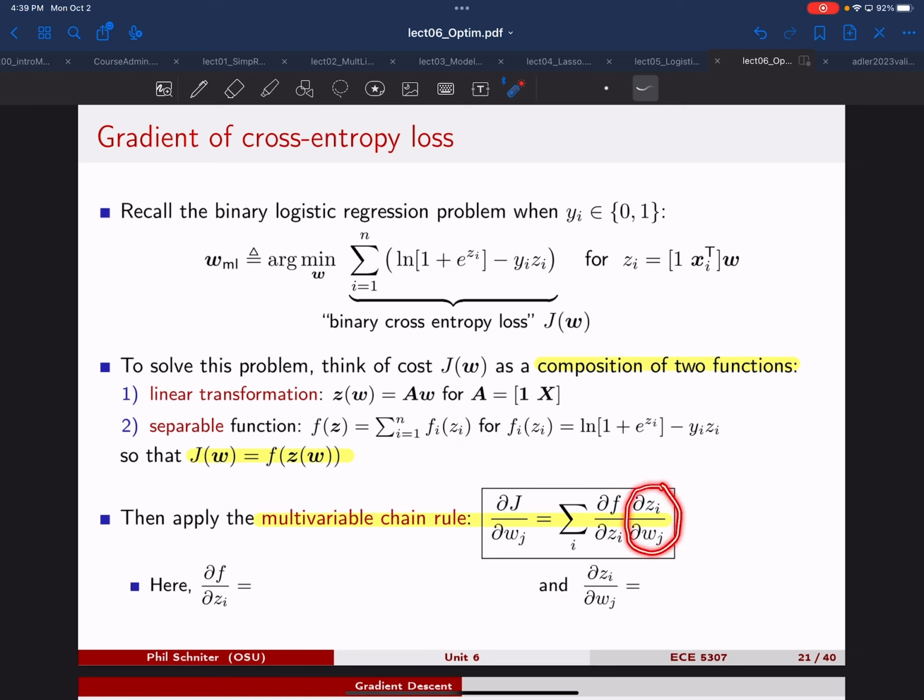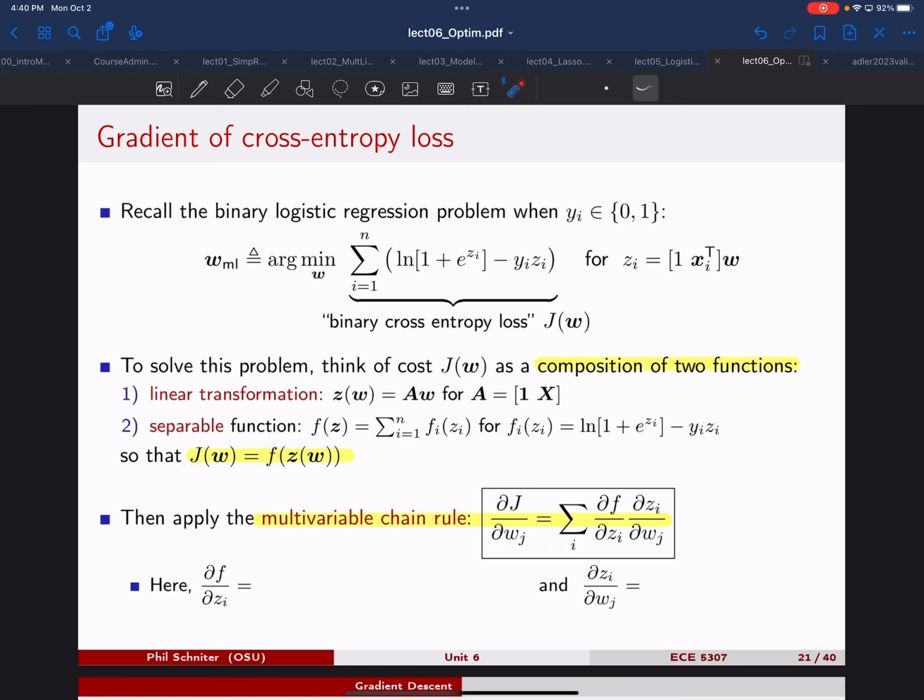This measures how much wj affects zi, and then you have to look at how much f is affected by each zi, and then you sum over all the i's. So it's exploiting the fact that there's many paths from each w to this f, the final J.